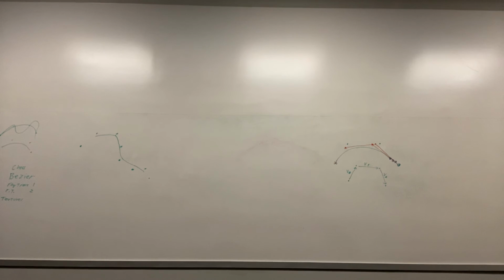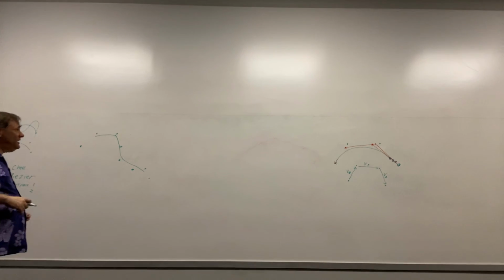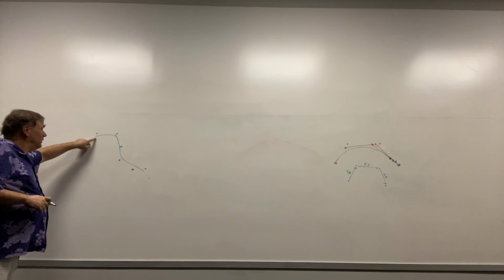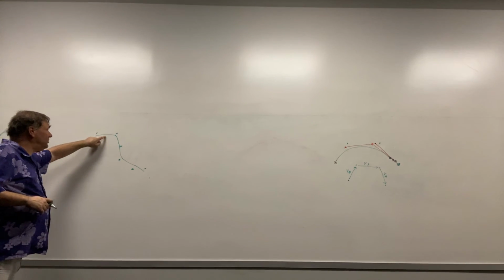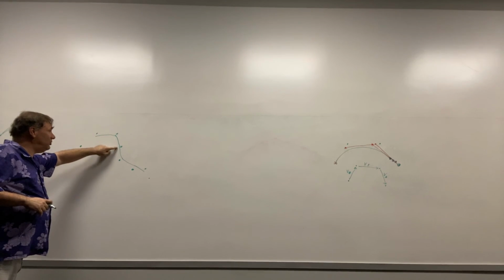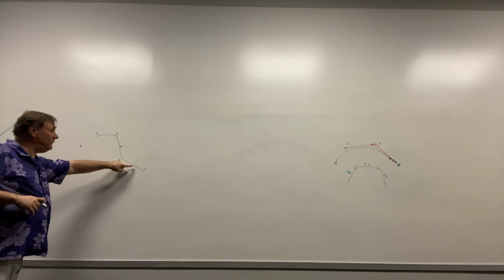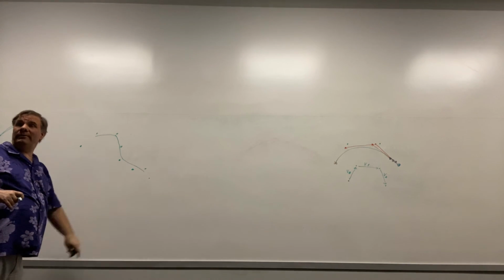What are non-uniform B-splines? Well, first of all, back to B-splines. With a Bezier curve, it's defined between 0 and 1. With these things, maybe it's here it's 0 to 1, 1 to 2, 2 to 3, 3 to 4, 4 to 5, and so on.